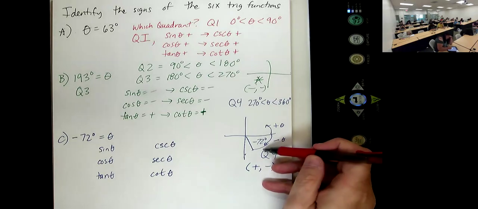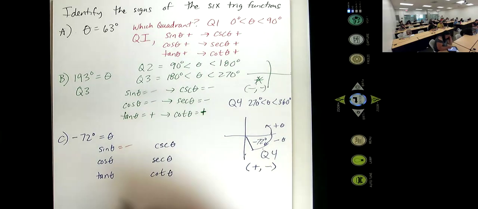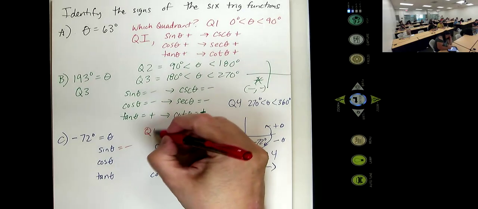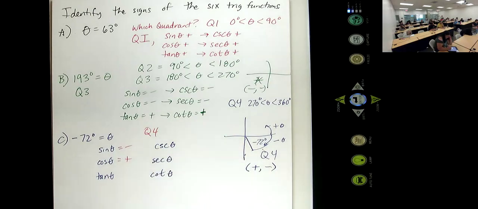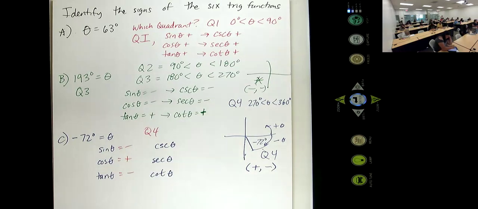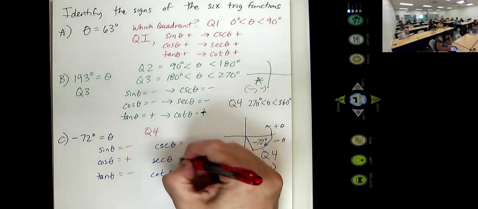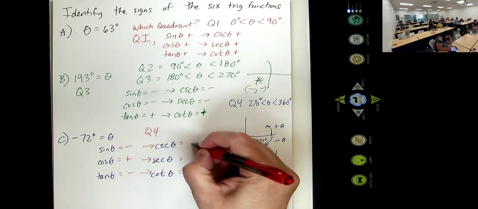Sine has the same sign as y, which is negative there, so this is negative in quadrant 4. Cosine is positive there. And tangent is sine over cosine, negative over positive is negative. Which means these all have the same values as their reciprocal.